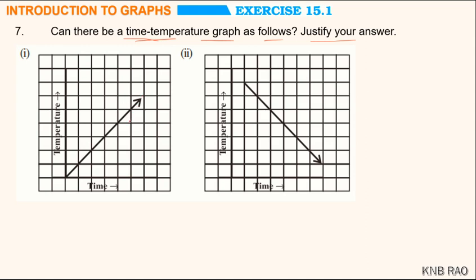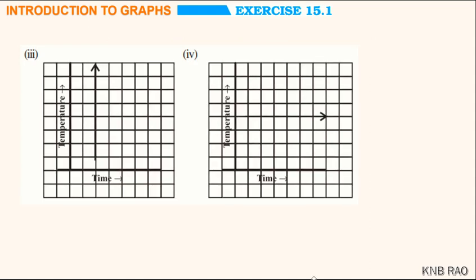It represents time temperature graph where temperature increases as the time increases. So it is possible. Yes, it is possible. Next, second one, as the time proceeds, temperature is decreasing. This is also possible. Dropping of temperature as the time proceeds. It is possible.